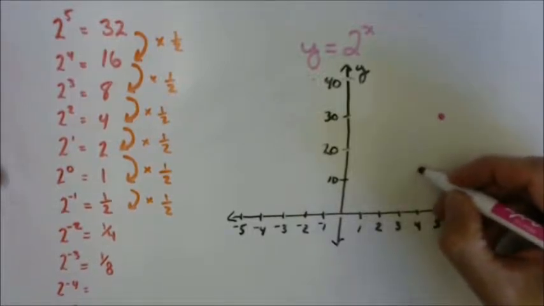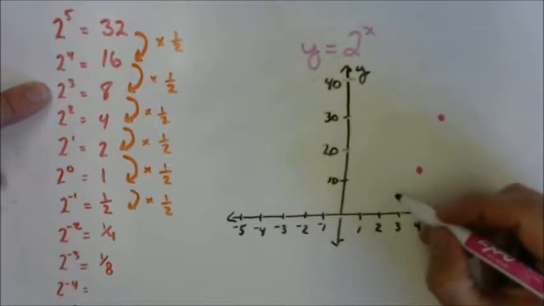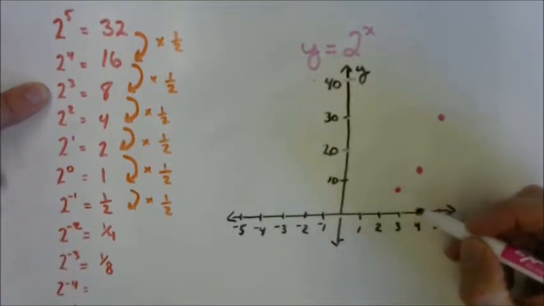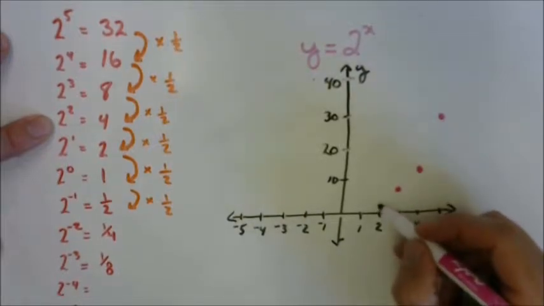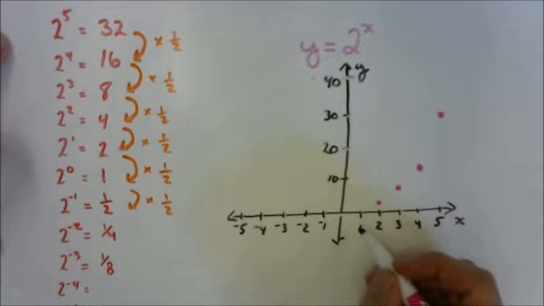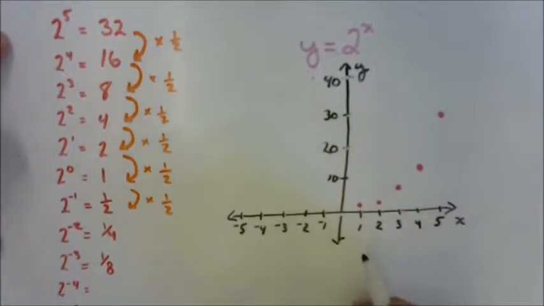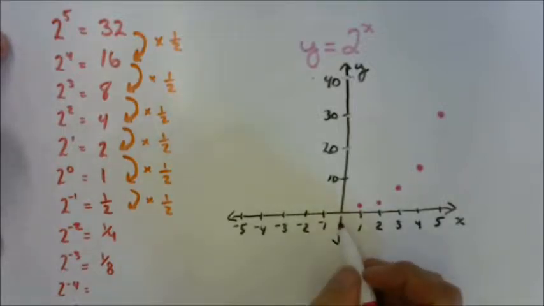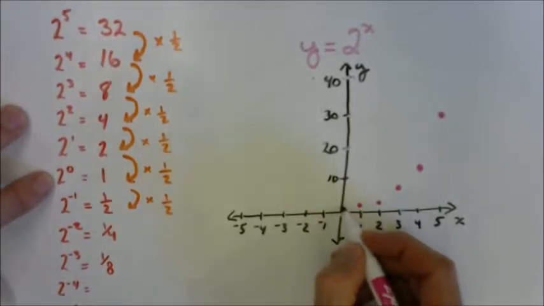It's down about here. Where x is 3, we're at 8. Down about here. Where x is 2, we're at 4. That's down here. Where x is 1, y is 2. It's getting closer and closer to the x-axis. What about where x was 0? y is 1.